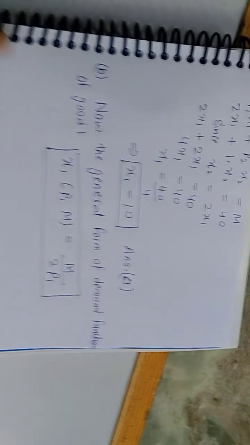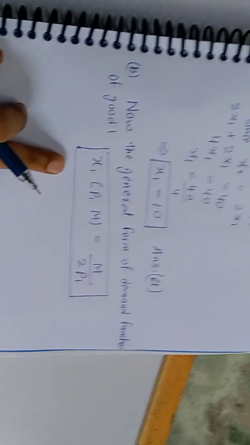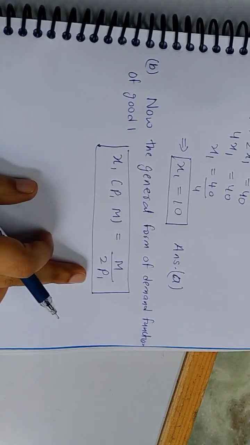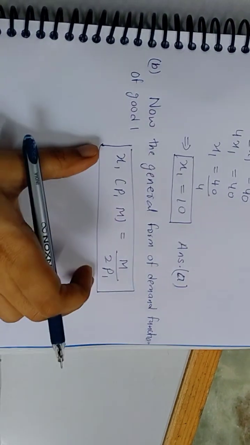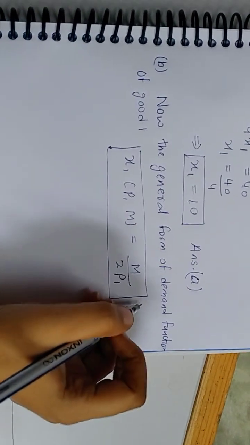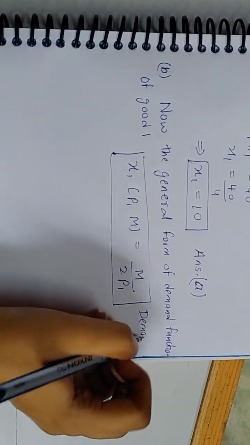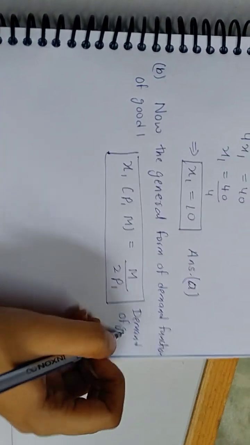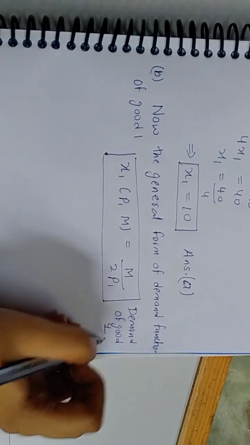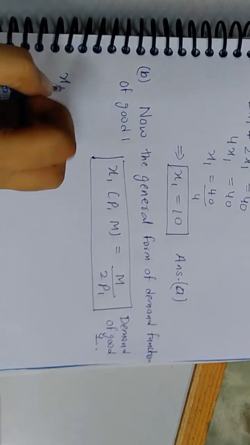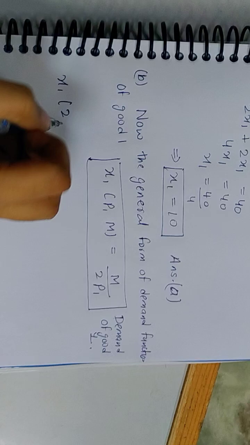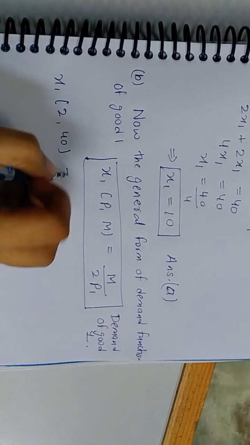The first part can also be done directly by putting all these values into the demand function of good one, like x1 with p1 equal to 2 and income equal to 40.